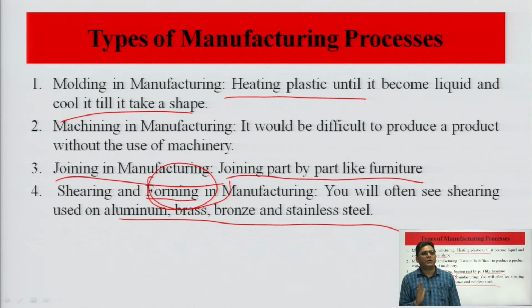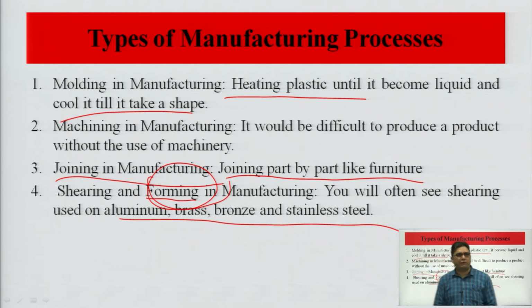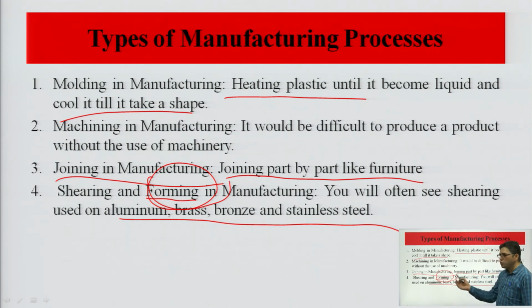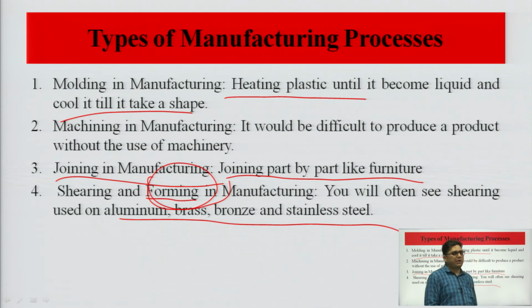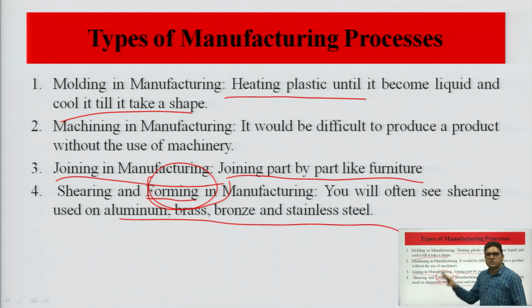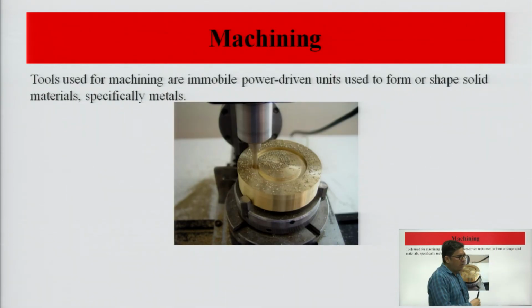We are not in a position to build any equipment without it. Next, it is about joining, where we use multiple points and joints. Next, it is about shearing and forming. Now, I am going to show you some visual examples of each of these processes. Next, it is about machining.